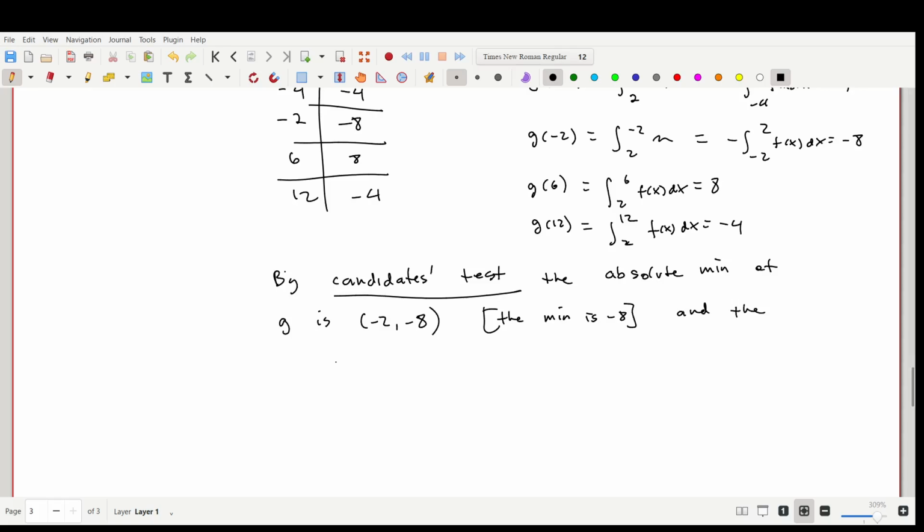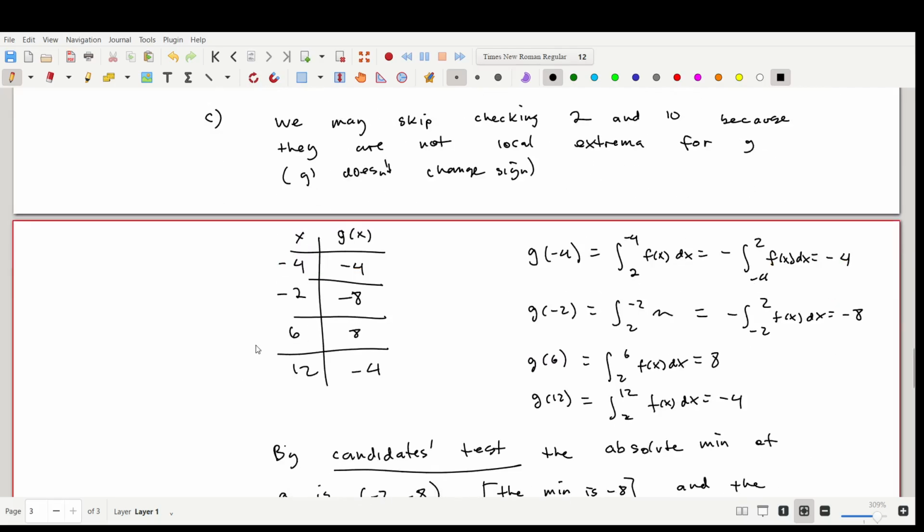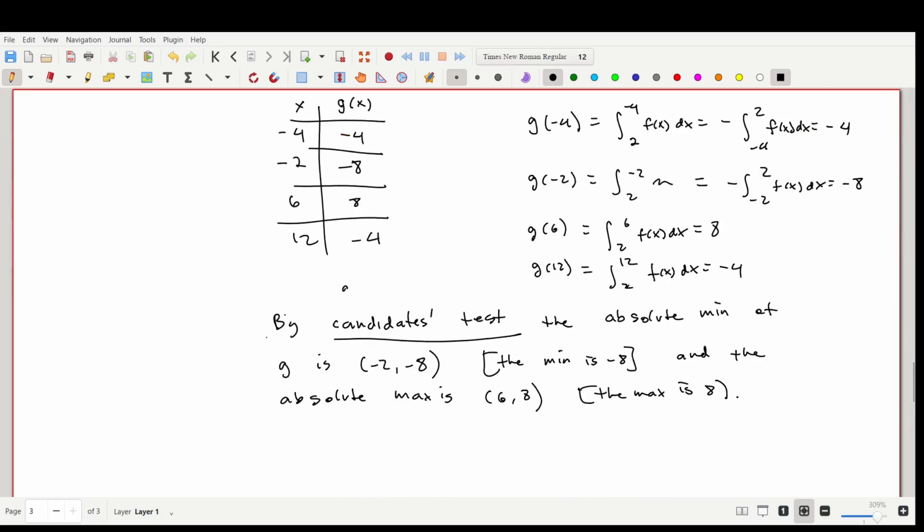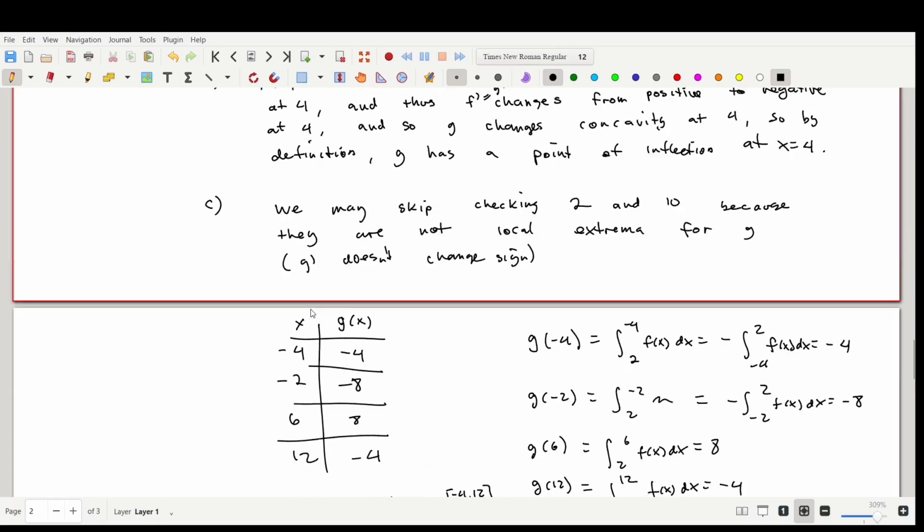And the absolute max is 8. All right, cool. Should be good. The candidates test is a justification. I guess you should say something like G is continuous on a closed interval, by FTC. It's differentiable by FTC, so it's definitely continuous.